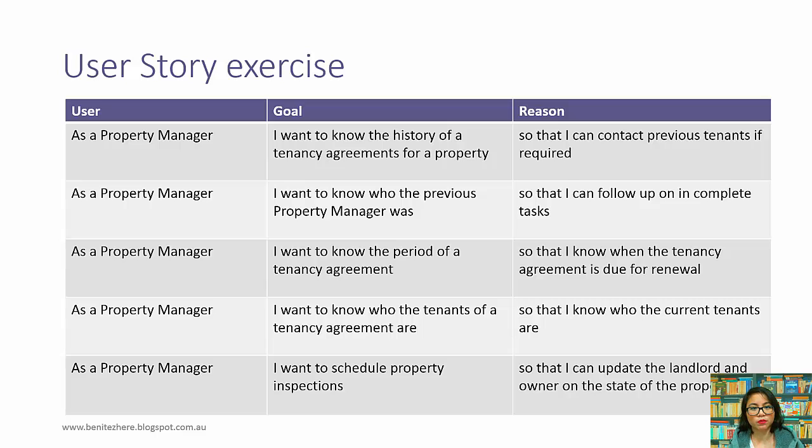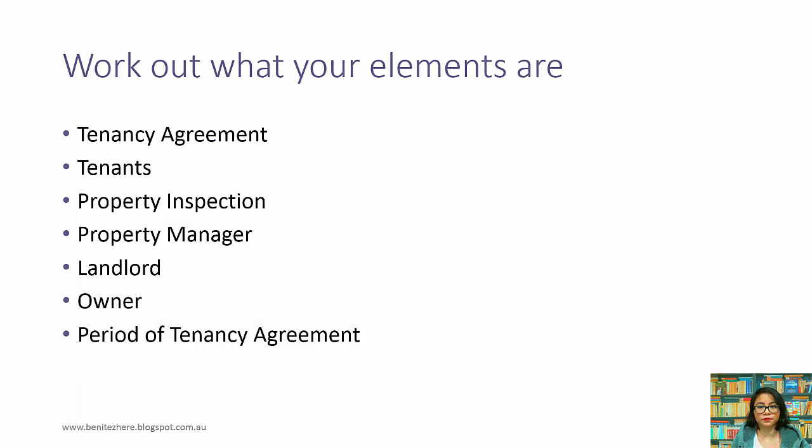So usually if people are renting property, for some property management companies, it is mandatory for them to do routine inspections, and that's what needs to be captured in CRM. And then there are things like knowing who the tenants are of a tenancy agreement, so that the property manager knows who the current tenants are, and things like the period of a tenancy agreement.